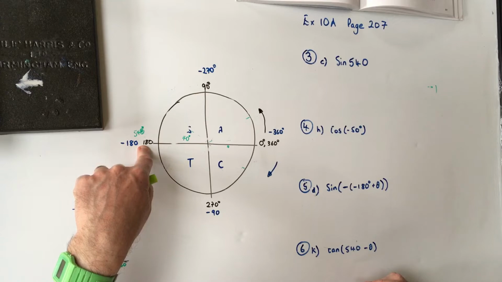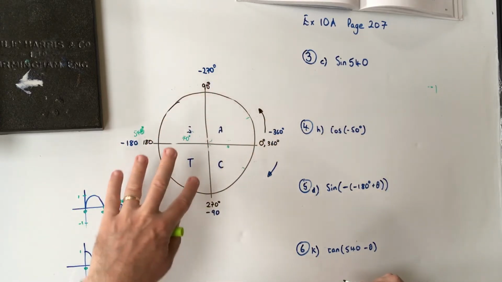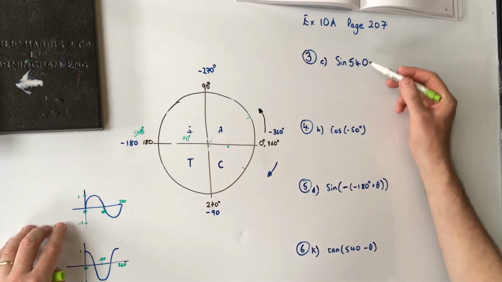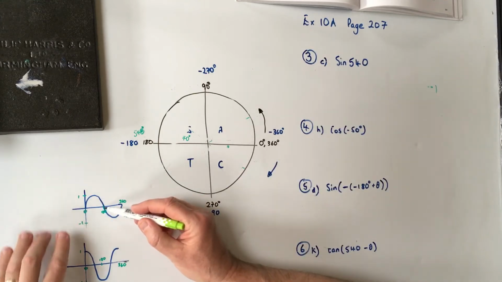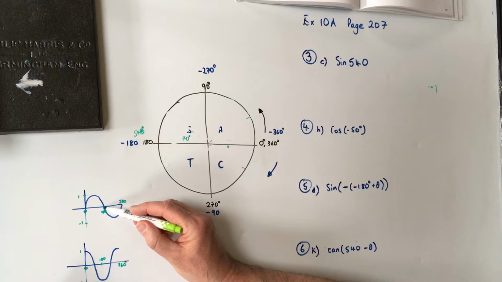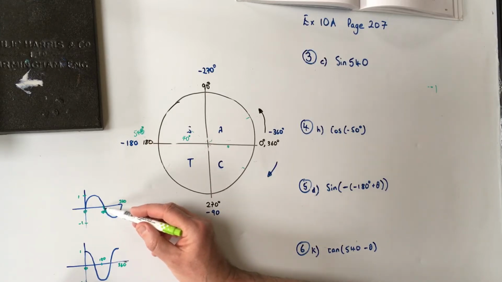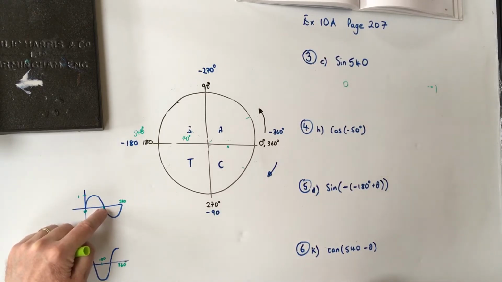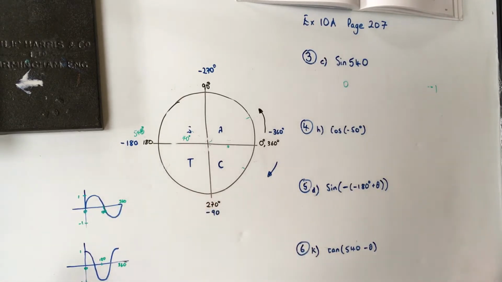Now, because this is one of the limits, I don't use the cast wheel for the limits. I go to the sine curve, and the sine of 180 degrees is zero. So that one is just 0. Can you see that? Simple as that. That's where I do use the graph.